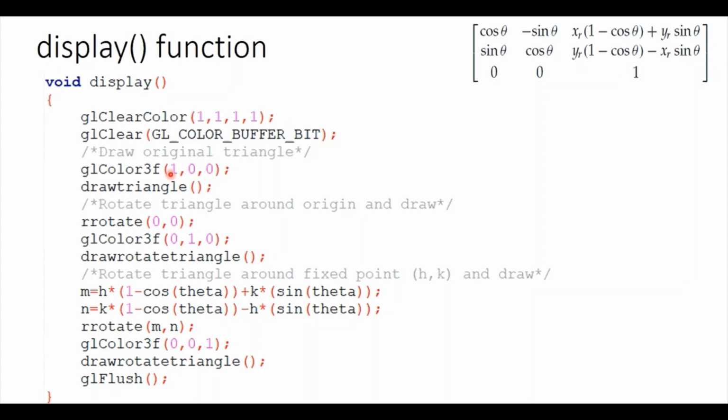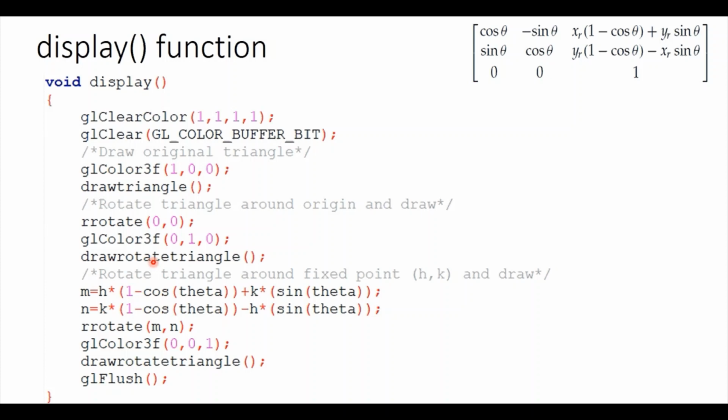We have drawn the original triangle in red color and then we have rotated with 0 0. That is, m and n become 0 0. So these two parameters will be 0 0. That will lead to rotation around the origin. And then I am selecting the foreground color as green and drawing the rotated triangle, the result triangle, in green color.